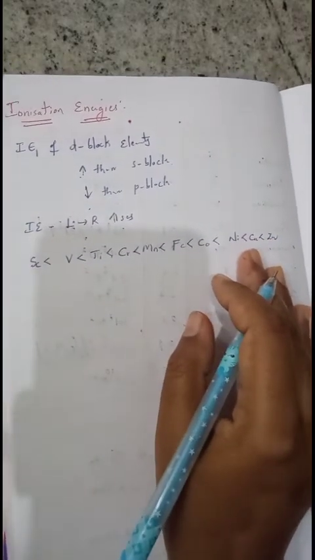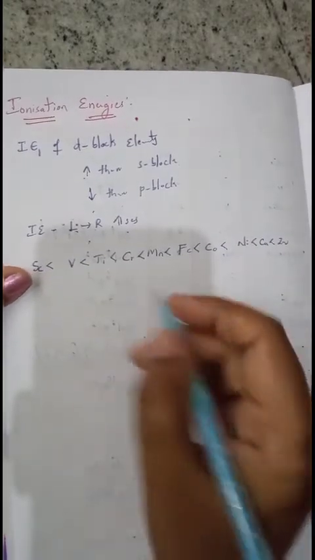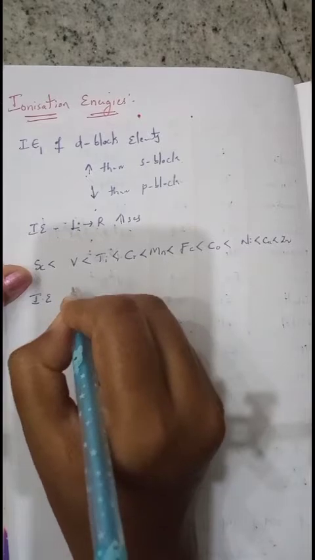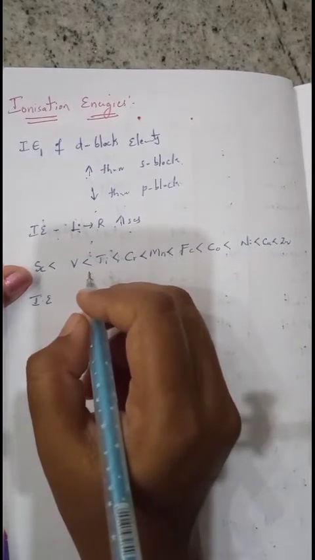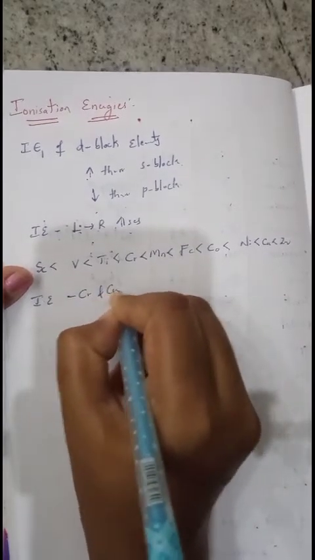Now we want to discuss the highest ionization enthalpies. The second highest values are for chromium and copper.